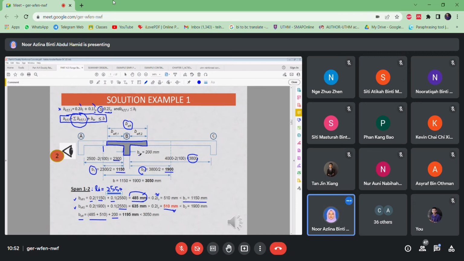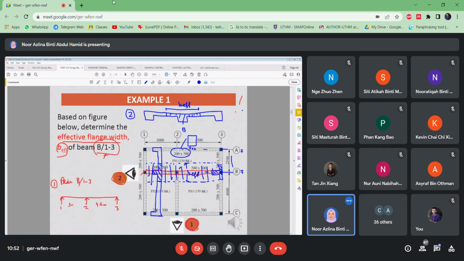BW ni lah. Okay, the width of the web beam. So B effective for the beam span 1 to 2 adalah 1195. Okay, 1195. So kalau I lukis balik kat sini, padam bagi faham.